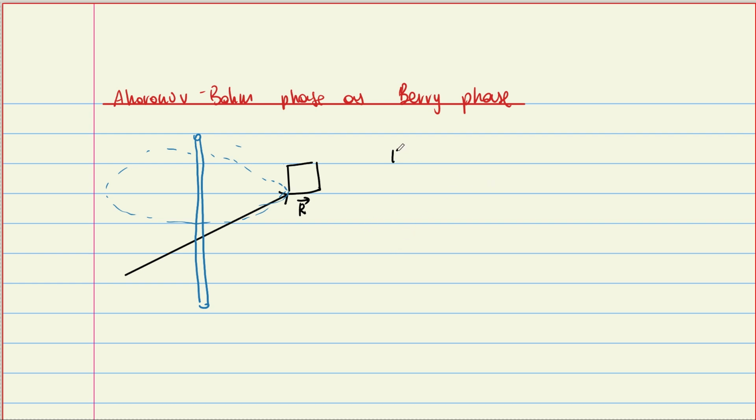So this corner R is a three-dimensional vector, R1, R2, R3, X, Y, Z. The Hamiltonian is going to be 1 over 2m (P plus e over c A) squared plus V of (r minus R).